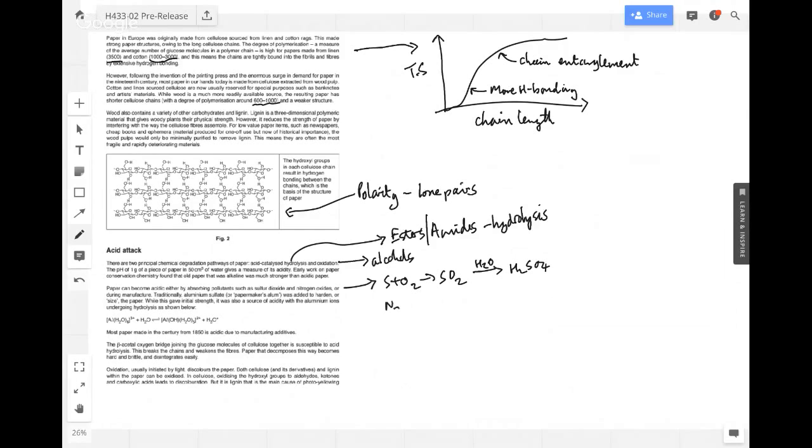Likewise, if you take nitrogen, react it with oxygen, then you will get a variety of nitrogen oxides. So that one, for example, or you can get NO, or you can get N2O.